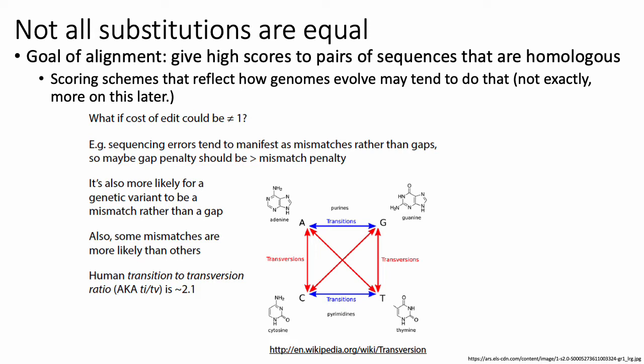And finally, it's also worth noting that for DNA sequencing technologies, sequencing errors tend to lead to single base pair changes rather than introduction of gaps. And so gaps are typically more penalized than mismatches for that reason also.